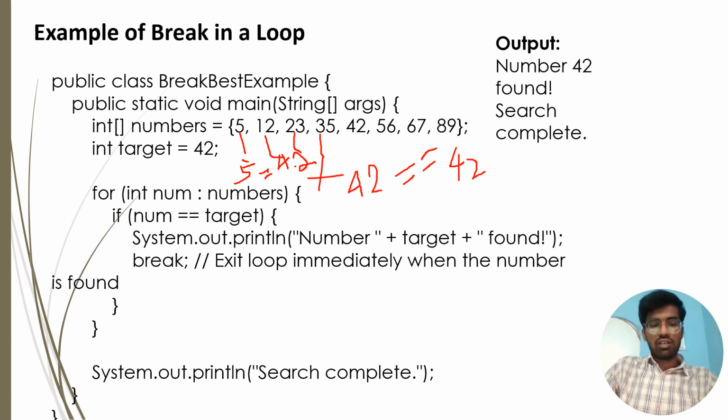After the loop, it shows search completed. Our output is number 42 found, search completed. Here we found the number 42, that's why our println statement displays search completed.